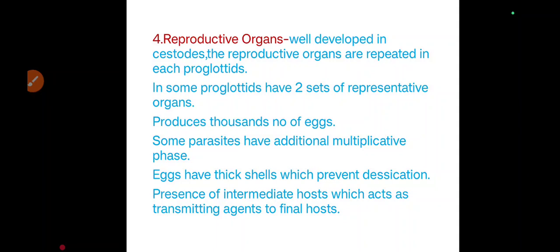They produce a large number of eggs so that they can continue their life cycle further and further. Some parasites have an additional multiplicative phase like redia larva and sporocyst larva, and eggs also have thick shells which prevent desiccation. The presence of an intermediate host also acts as a transmitting agent to their final host.